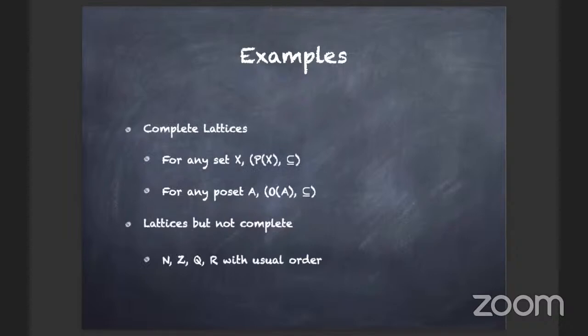Whereas N, Z, Q, R with the usual order do form lattices, but they are not complete, because if you consider the sets themselves, they do not have a GLB or a LUB. Of course, N does have a lower bound, but no upper bounds. So these are lattices, but not complete.